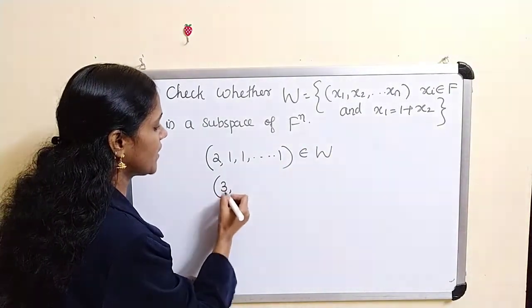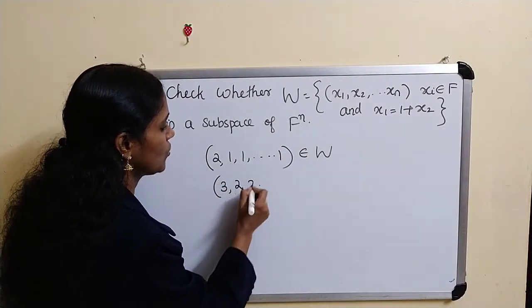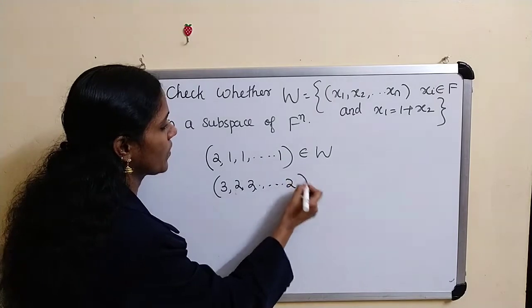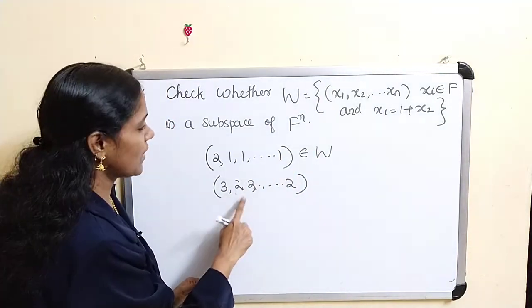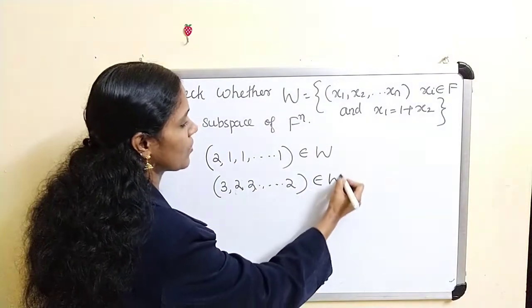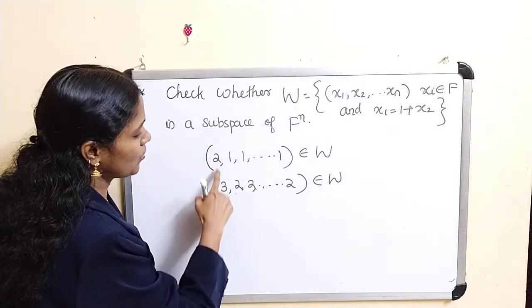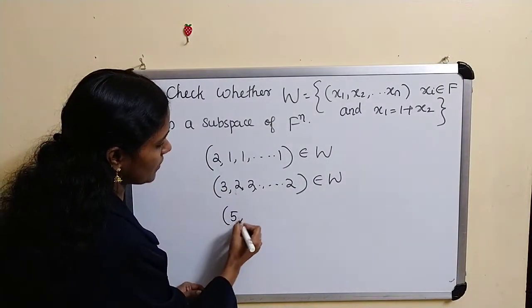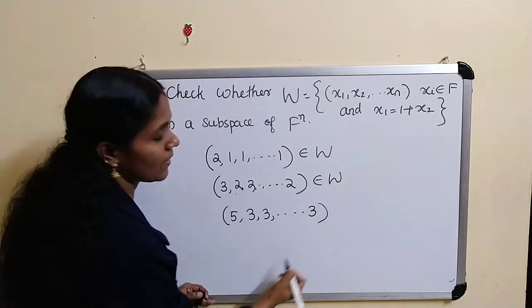Similarly, if you take (3, 2, 2, ..., 2), then x1, 3, is 1 plus x2, so clearly this also belongs to W. If you add these two elements, what do we get? 2 plus 3, 5, then 3, 3, ..., 3.